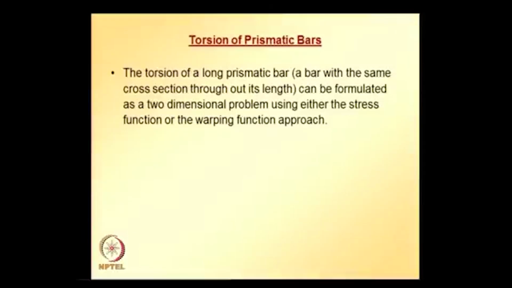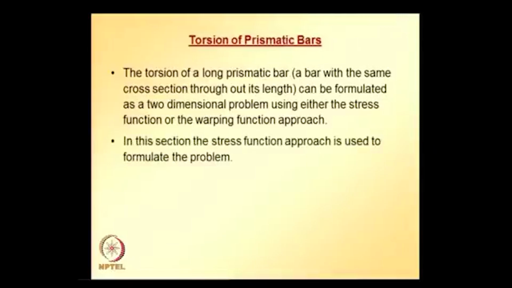One is the stress function approach and the other is the warping function approach. But whatever equations we are going to derive, we will stick with the stress function approach.